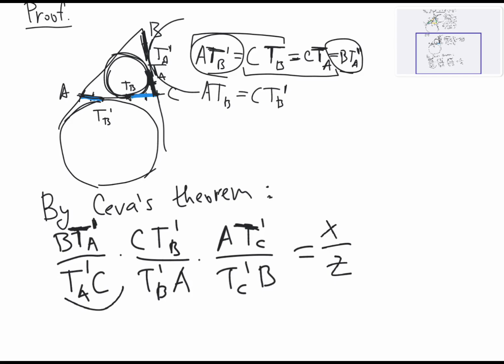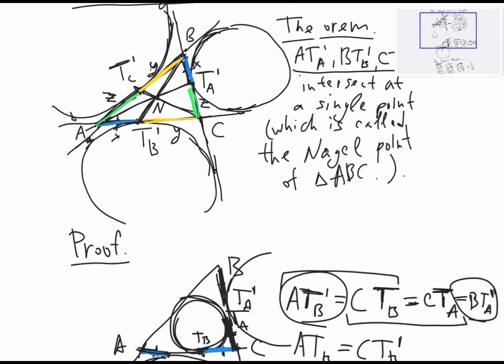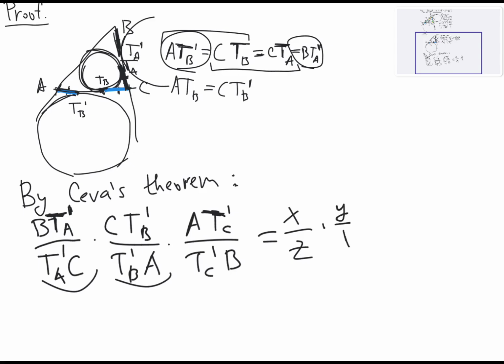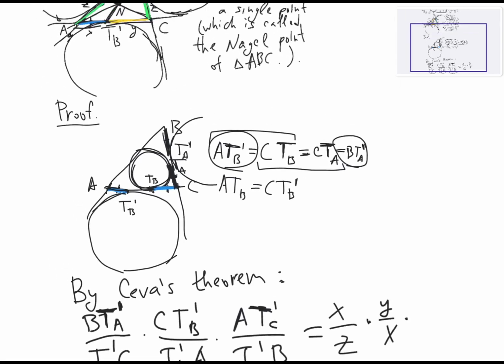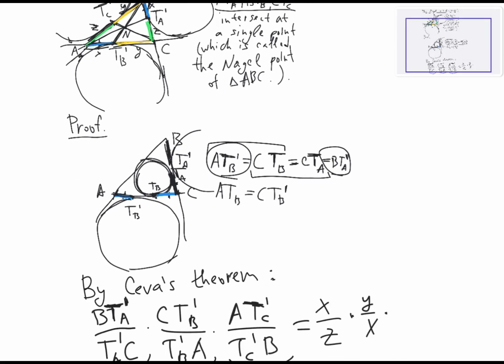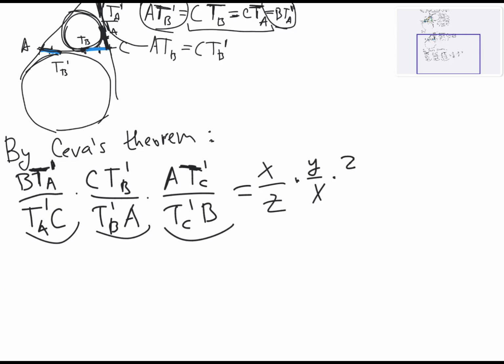Now CTB prime over TB prime A is y over x. And the third ratio is z over y. And now we see that x cancels, y cancels, and z cancels, and what remains is 1.